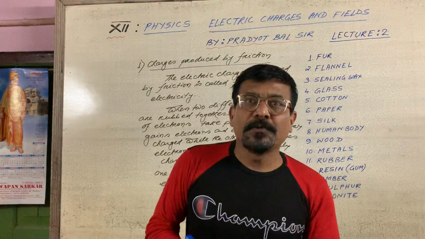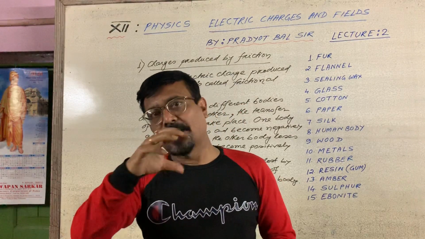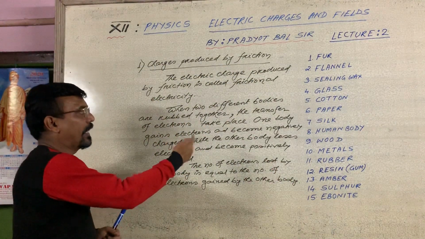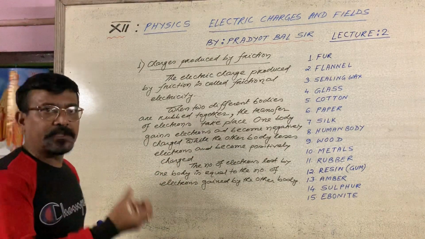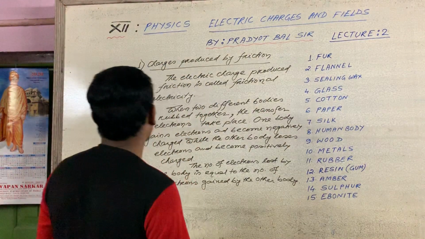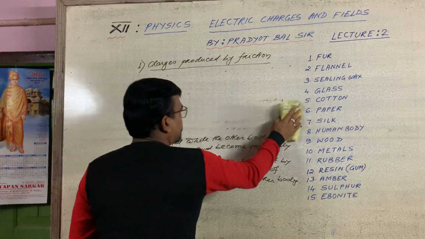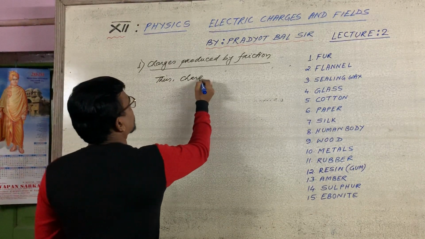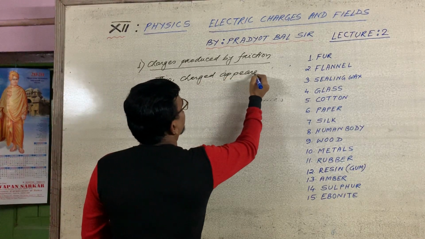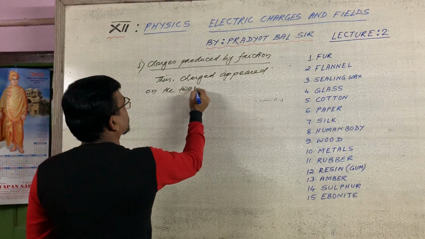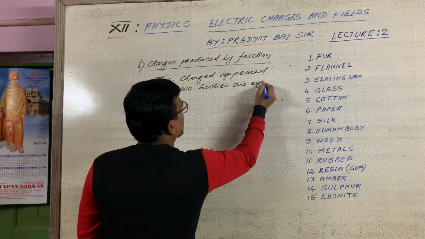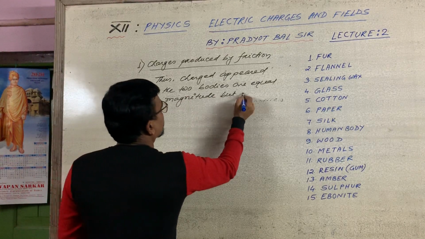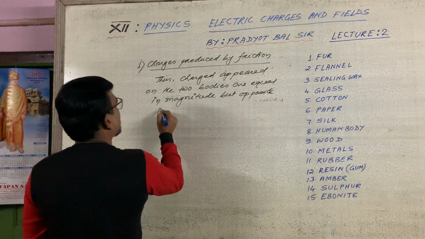Charges here means electrons. Thus, charges appearing on the two bodies are equal in magnitude but opposite in sign.